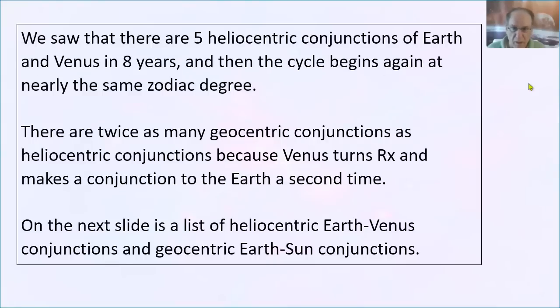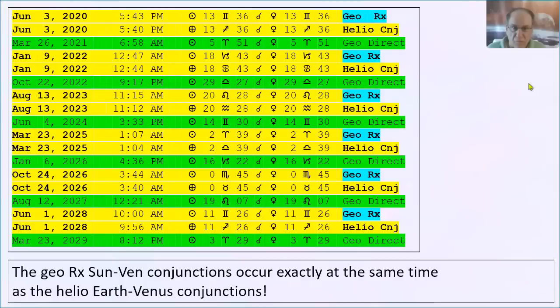Okay. Now, here is a list of the 10 geocentric conjunctions and the 10 heliocentric conjunctions from 2020 to 2028. So here's the 8 years of conjunctions.